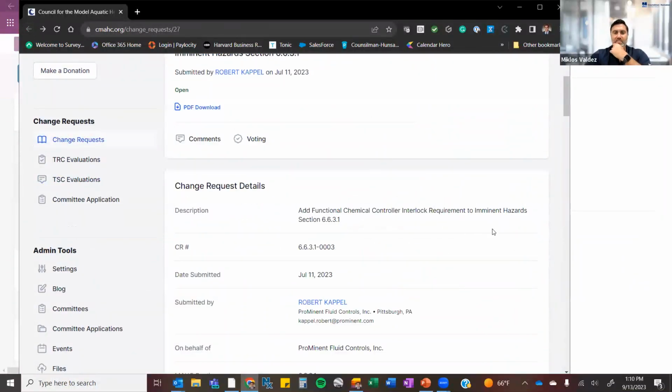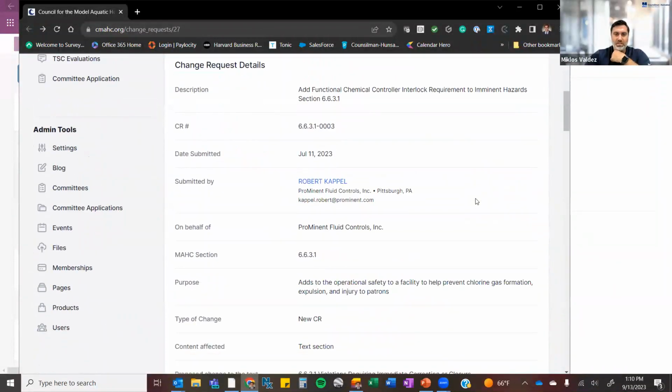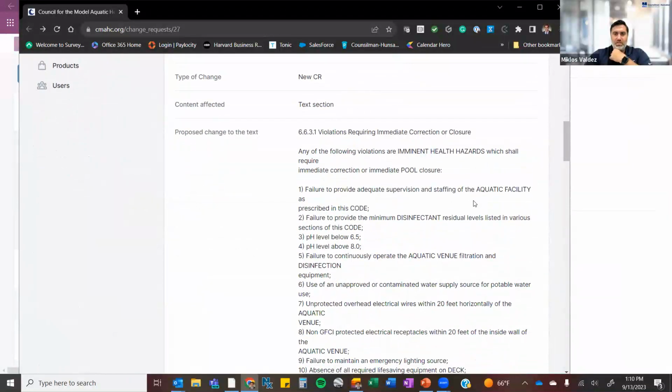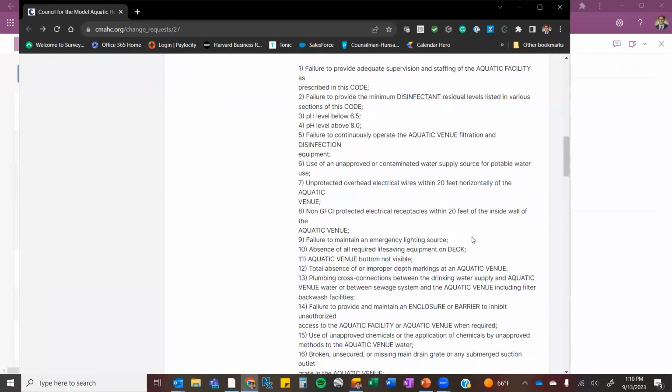This one adds the functional chemical controller interlock requirements to the imminent health hazard section. Didn't we have one of these already? I mean, we had this discussion about another CR about this exact same idea.